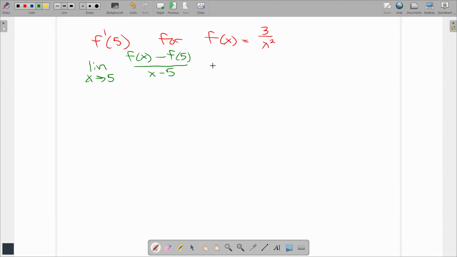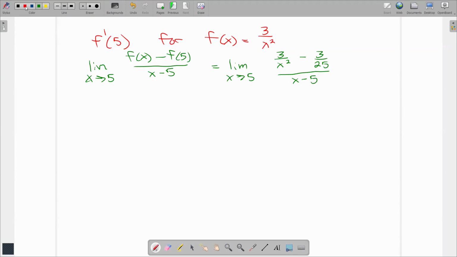And so plugging all my stuff into that, limit as x approaches 5, f of x is just 3 over x squared. F of 5, 3 over 25. And on the bottom, I have an x minus 5.